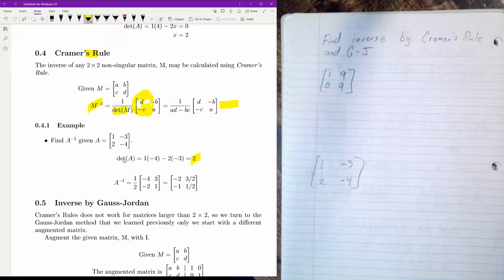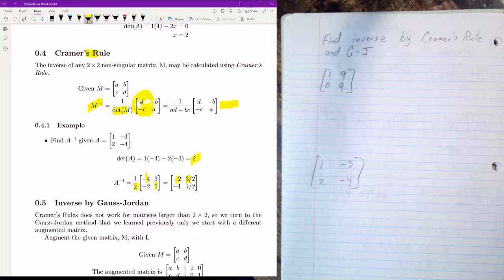And then the inverse is 1/2 times: we switch the A and the D, so minus 4 and 1, and we negate the B and the C, so a 3 and a minus 2. Then we multiply that through by the 1/2, so we end up with minus 2, 3/2, minus 1, and 1/2. That is using Cramer's rule.